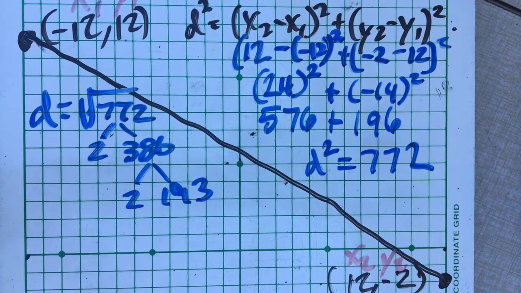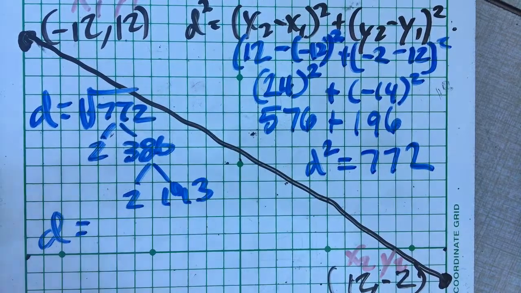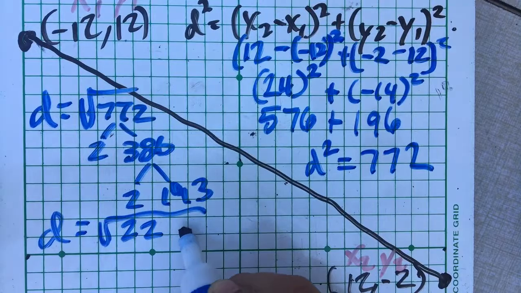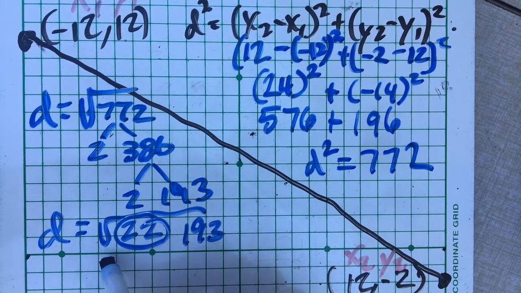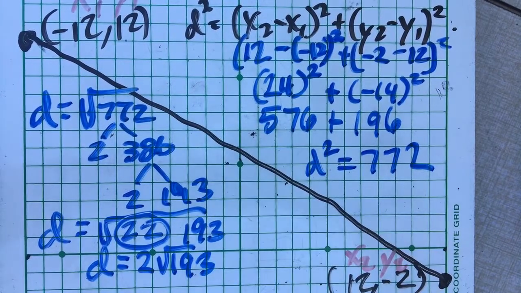I'm pretty much assuming that if I divided it by 3, it doesn't work. So what I end up having is that D is equal to the radical of 2, 2, and 193, which basically means the 2's get to go outside. So D is 2 radical 193.